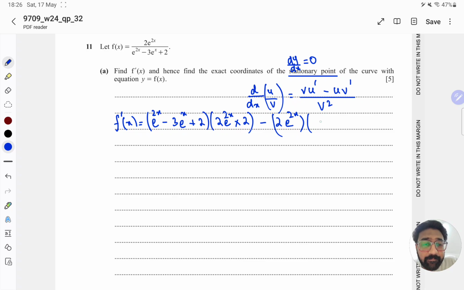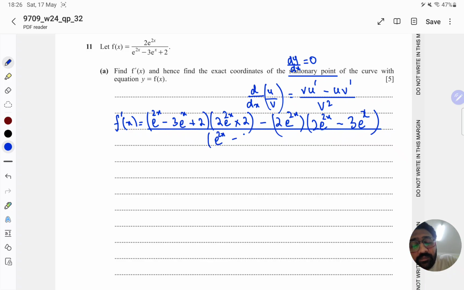The first thing, e raised to the power of 2x as it is multiplied by the derivative of the power, which is 2, minus 3 e raised to the power of x as it is. The derivative of the power is 1, so no need. The constant will be 0, divided by the square of the denominator.